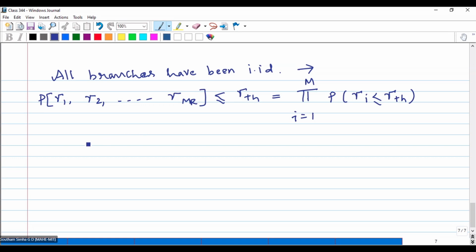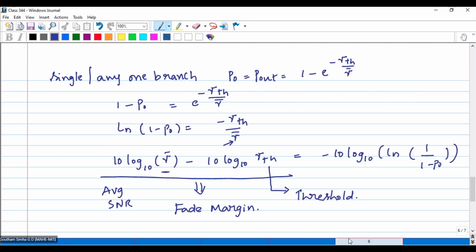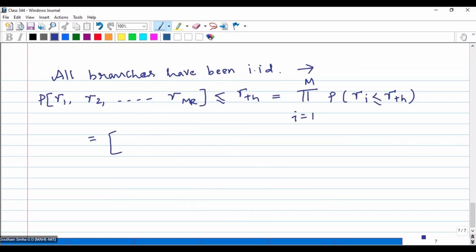Now this probability is equal to what? This is equal to the same equation, whatever I have written over here, 1 minus e to the power of minus gamma threshold divided by gamma bar. This is for 1. And if you have M number of branches or MR number of branches, you will have 1 minus e to the power of minus gamma threshold divided by gamma bar whole to the power of M. So the outage probability of SC, that is selection combining, of gamma threshold.